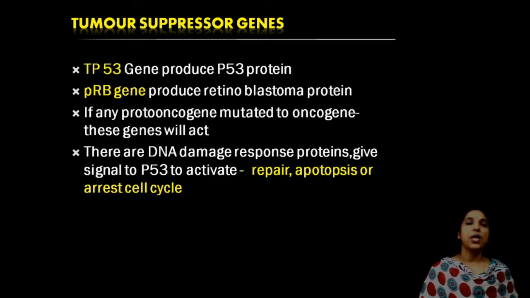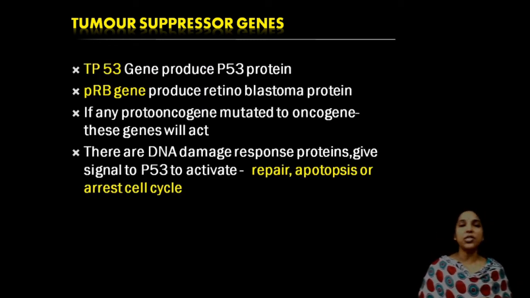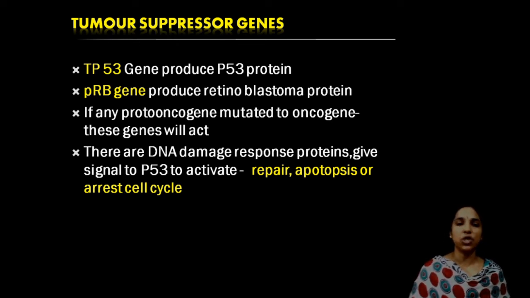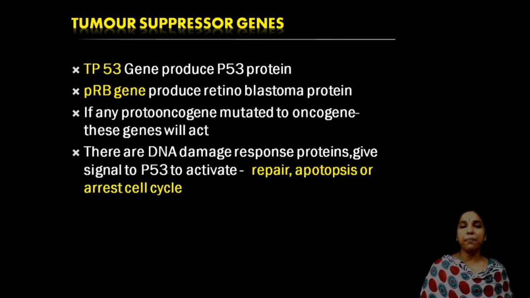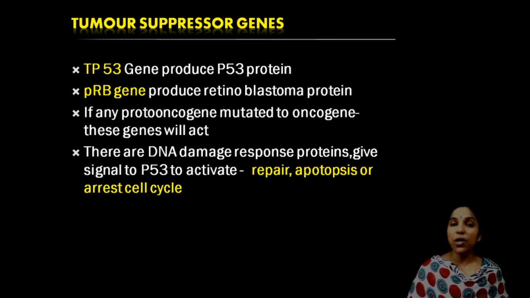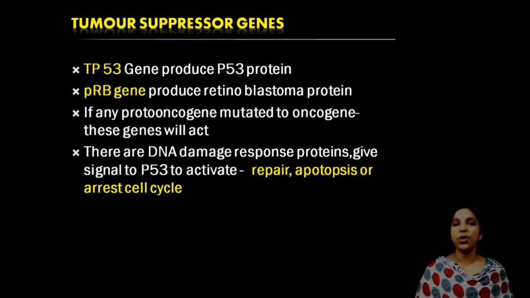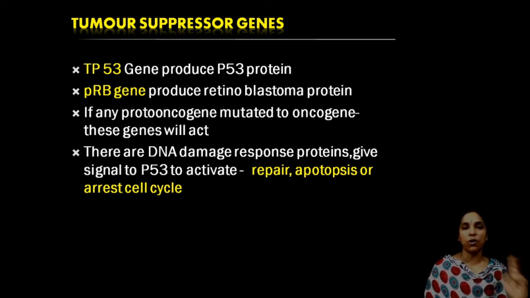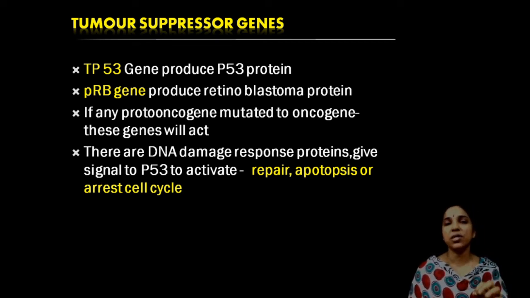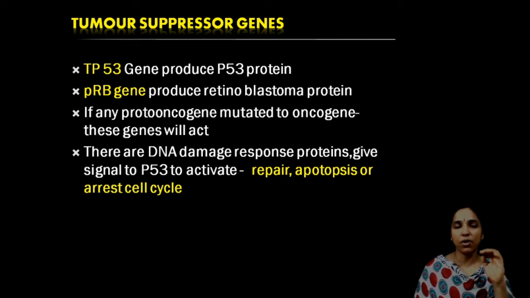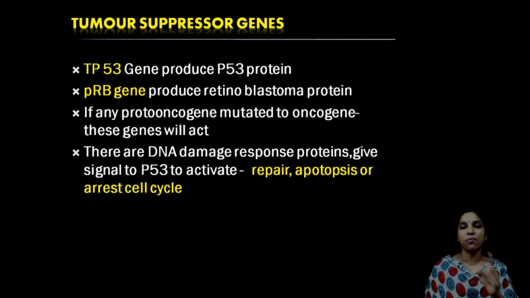Clear? Okay. So TP53 is a very important tumor suppressor gene that produces the P53 protein, and PRB is another tumor suppressor gene that produces the retinoblastoma protein. So you have to study two important ones. One is P53, another one is PRB. Retinoblastoma is the first cancer from which it was detected.